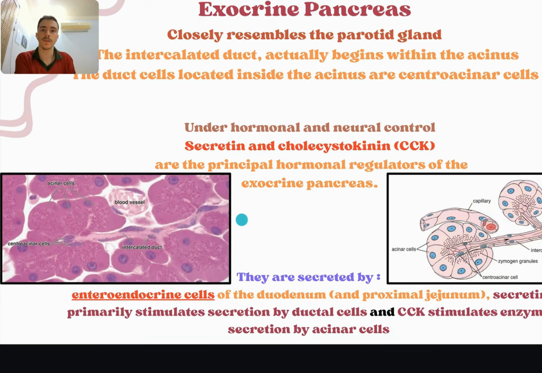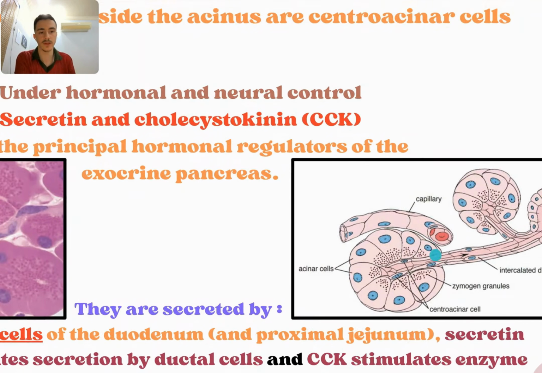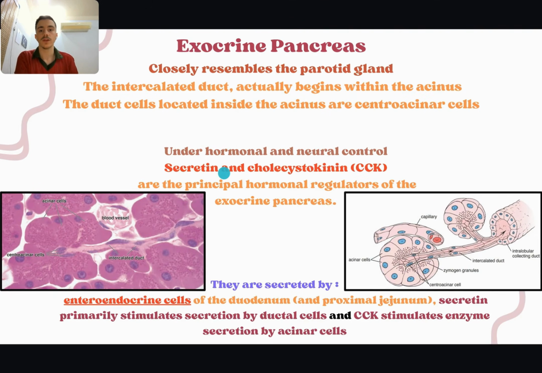So this is the exocrine pancreas. The intercalated duct actually begins within the acini. The duct cells located inside the acini are centroacinar cells. So as you can see here, the intercalated duct is going inside of the acini, under hormonal and neural controls.